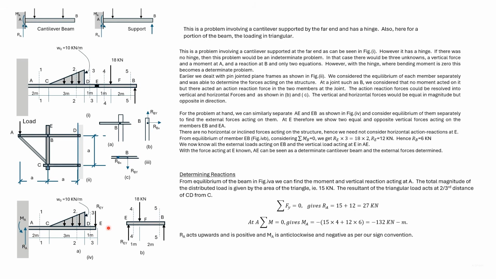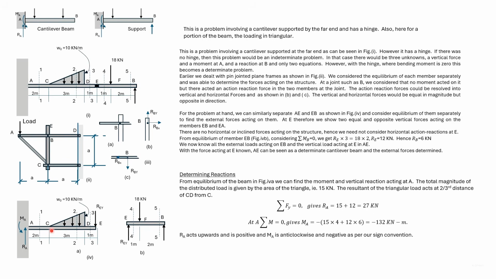One would notice that here we are acting from the right side, so the downward is positive. Similarly, we see that REY and this triangular load will create a clockwise moment from the right. So the moment that they create would be negative as per our convention.